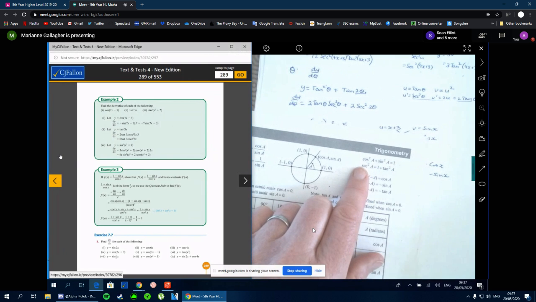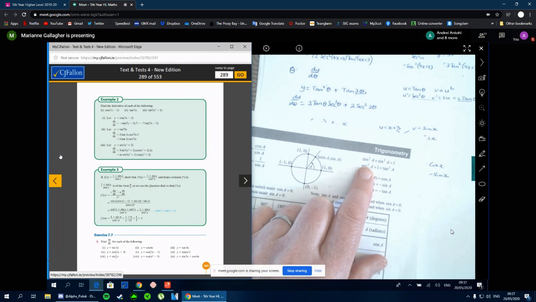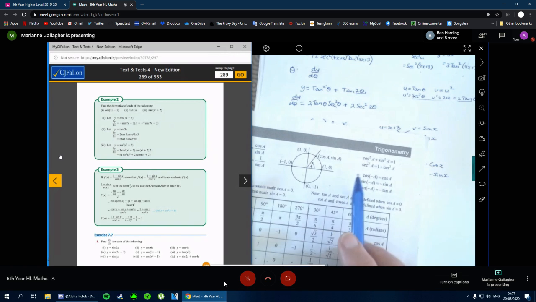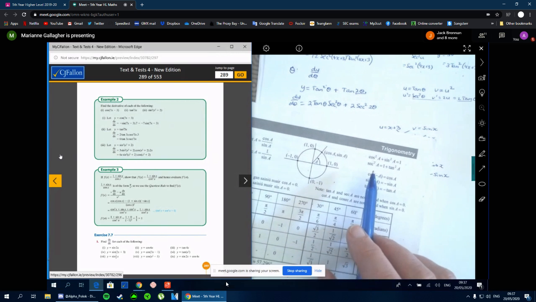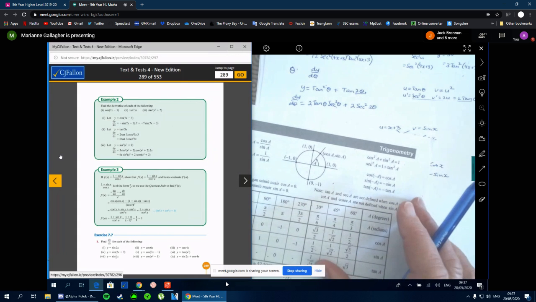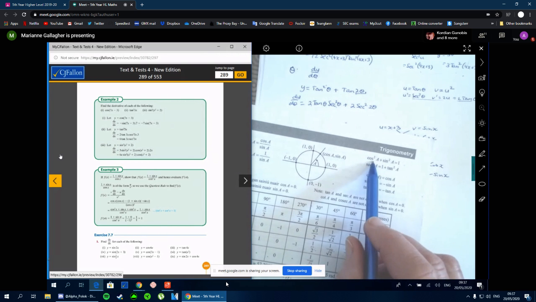Does that ring any bells with people? No? Yes? No? We will come back to that, and I think it's a little bit tricky here because with some of the trigonometric functions, we haven't dealt with how to change them around. But that's basically another version of Pythagoras' theorem.